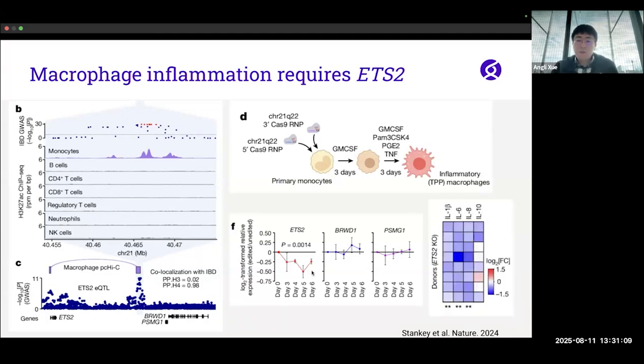And they also measured some pro-inflammatory cytokines like IL-1 beta and IL-6, and they all decreased after the expression of ETS2 went down. So this validated that this gene is required for macrophage inflammation, and the enhancer region of these functional elements is causal for the gene regulation.